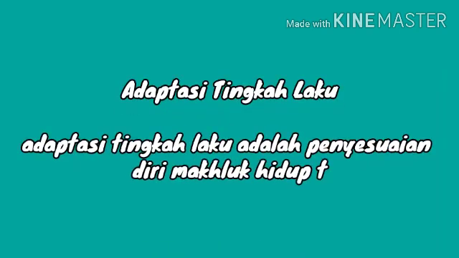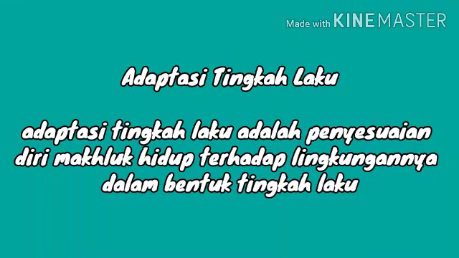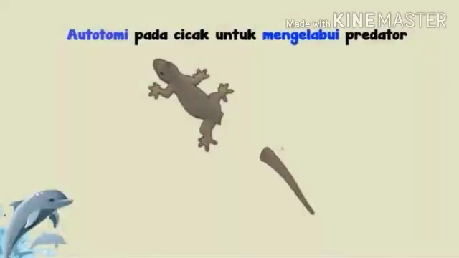Third, behavioral adaptation, is the adjustment of living things to their environment in the form of behavior. Some examples are lizards do autotomy, which is to cut off their tails when in danger to trick their enemies.